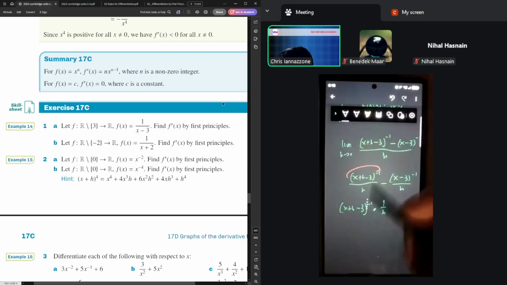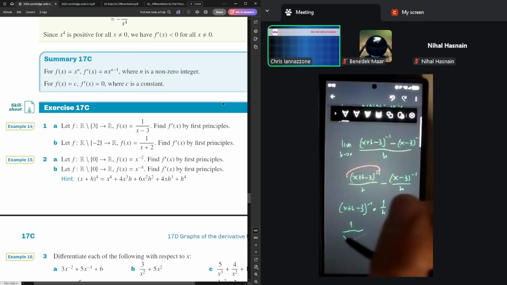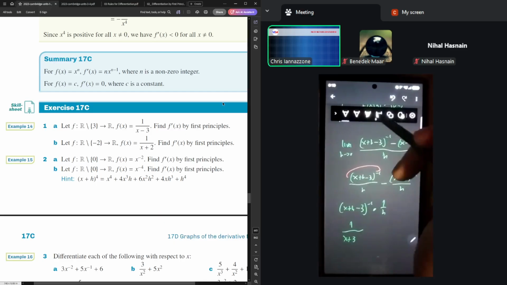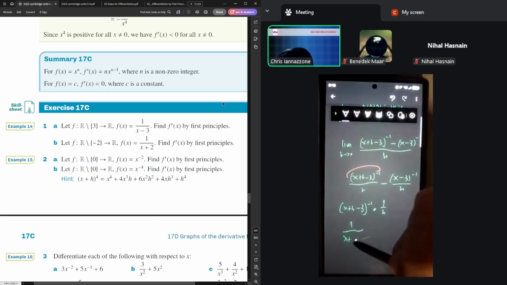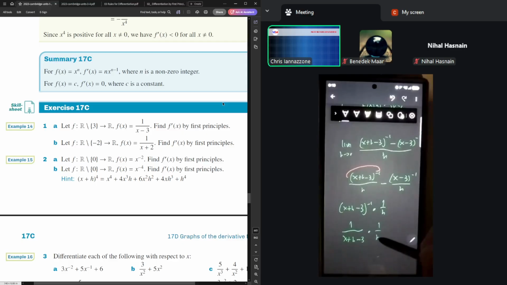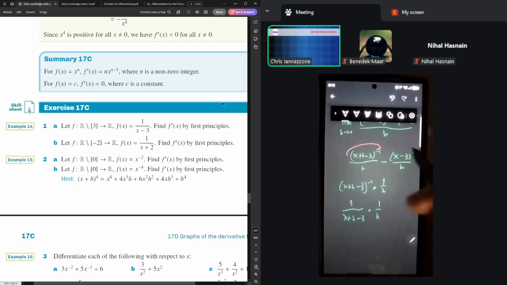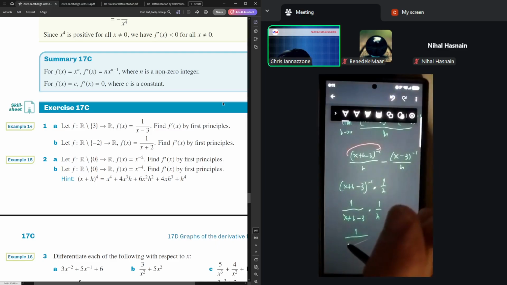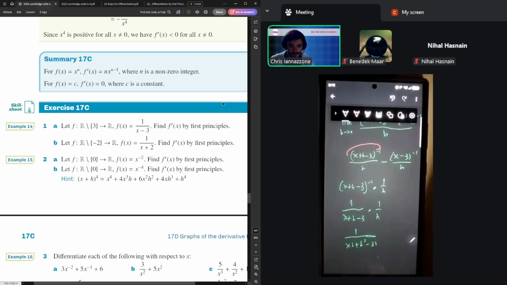And now when you flip this into what it should be, 1 over x plus h minus 3, multiplied by 1 over h, it's now a bit clearer why that's going to distribute straight through the denominator. So in total, it's going to end up with 1 over xh plus h squared minus 3h, and you're starting to see why the working out for this is going to be pretty nasty.